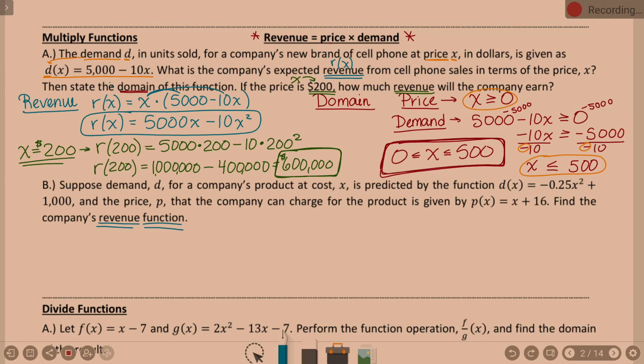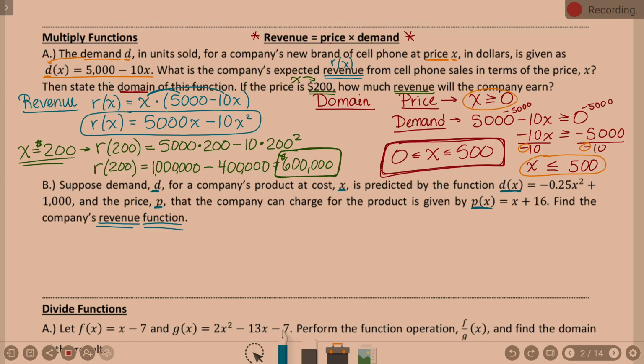Again, they told us that demand is D at a cost X. They gave us a function for D of X, which is demand. And they told us price is P.